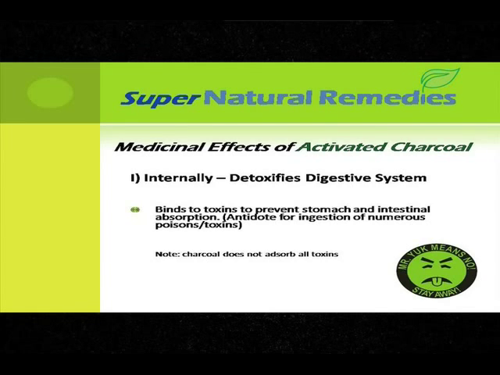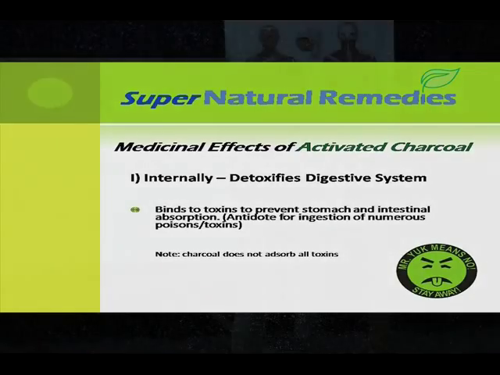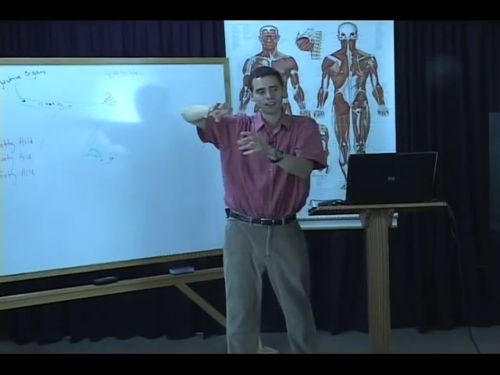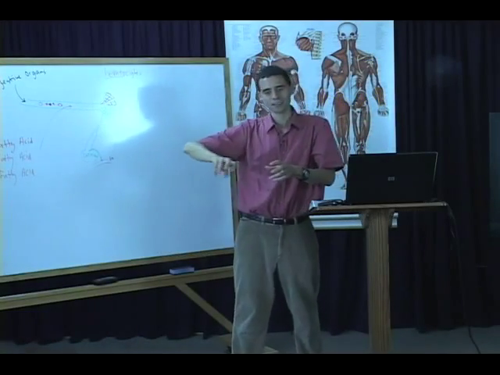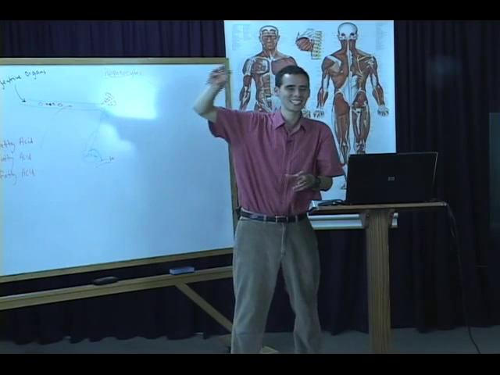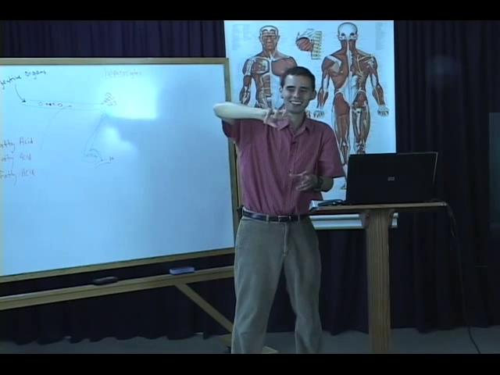It also helps to clean bile. Remember that circuit that we saw where the bile goes from the gallbladder into the small intestine, and it gets absorbed, right? It goes back into the bloodstream, back into the liver, gets put back into the bile, and goes around again.